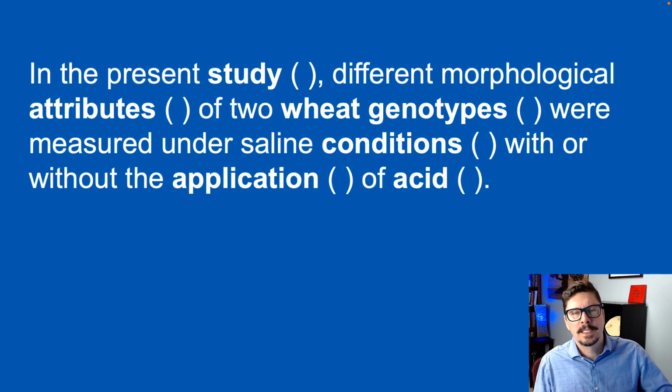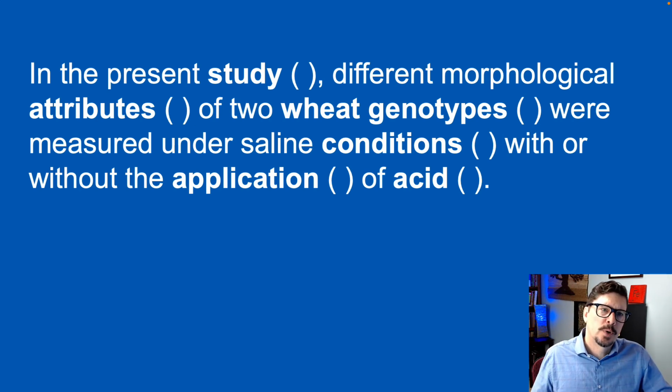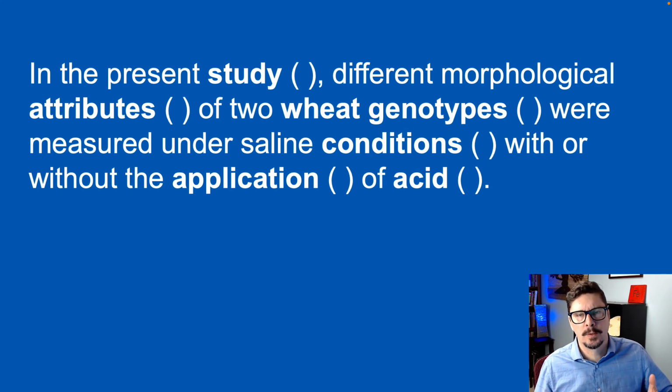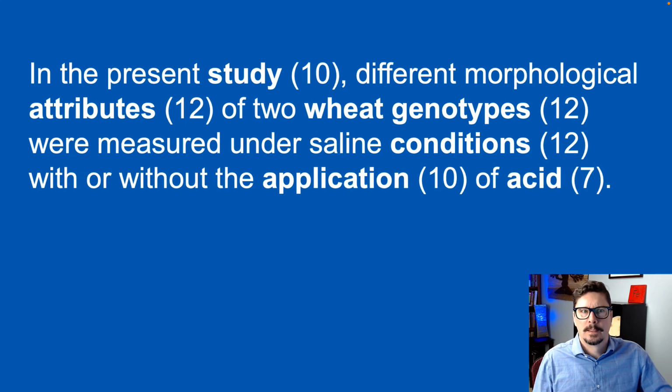So here's your last practice example. In the present study, different morphological attributes of two wheat genotypes were measured under saline conditions with or without the application of acid. So which of the guidelines are going to apply for these nouns? All right, we have 10, 12, and 7.